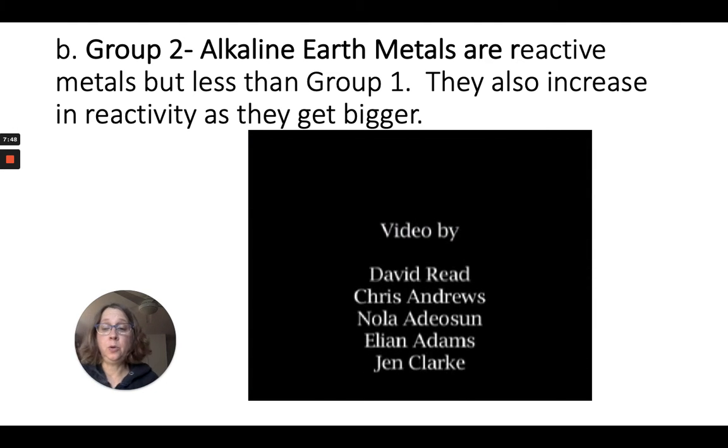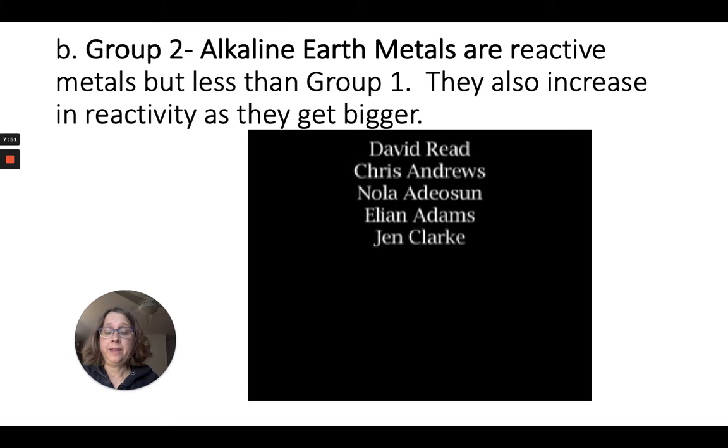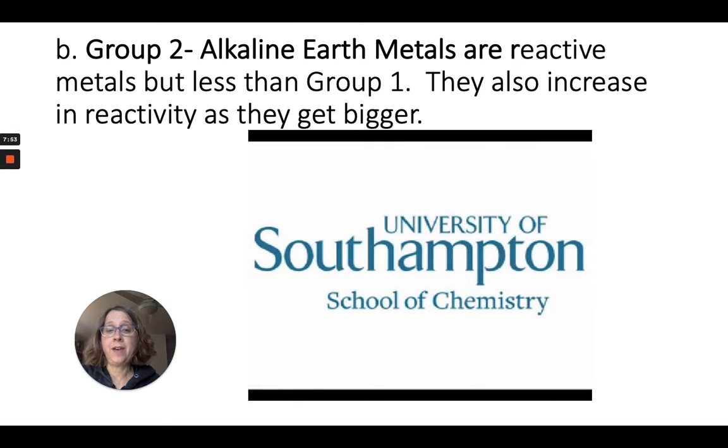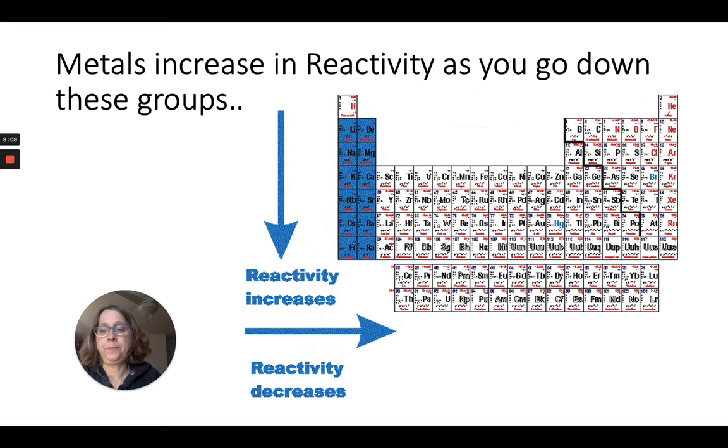Okay, again, you can see that there are similar reactions based on the fact that they have similar numbers of valence electrons. They all produce this hydrogen gas. You can see the reactivity as the element gets bigger also increases. So that's group 2 with the special name alkaline earth metals.